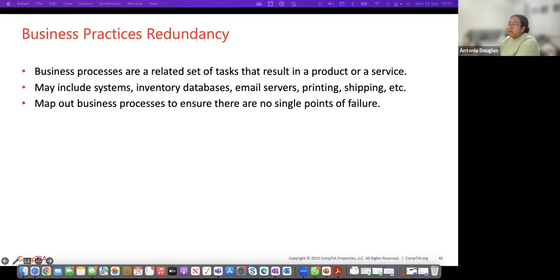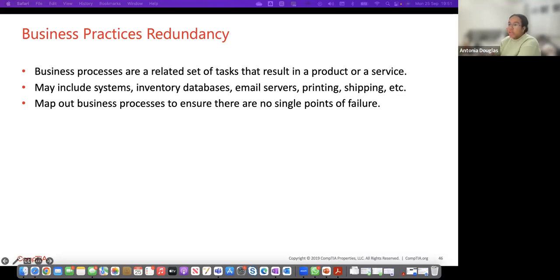You may map out business processes and ensure there is no single point of failure. So single point of failure being a device or service that is not redundant. So if one single thing fails, there's no access, and that will stop business processes as soon as it fails.